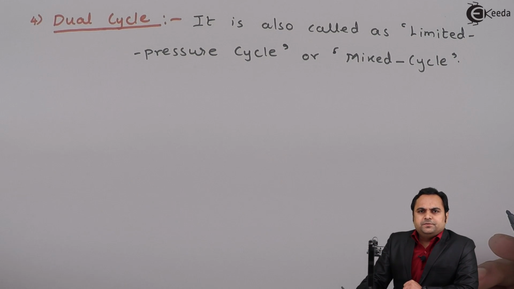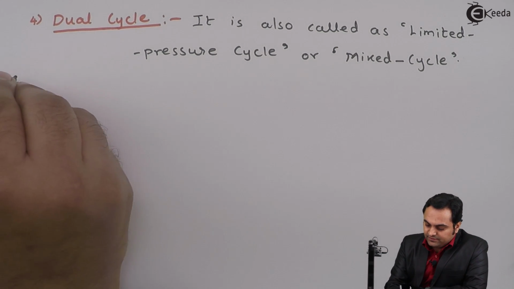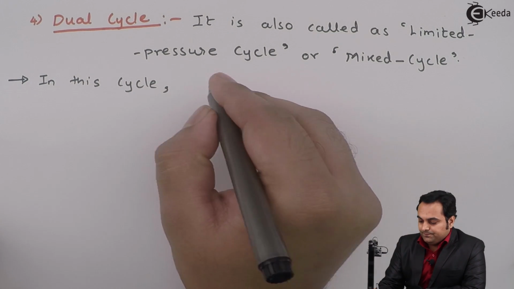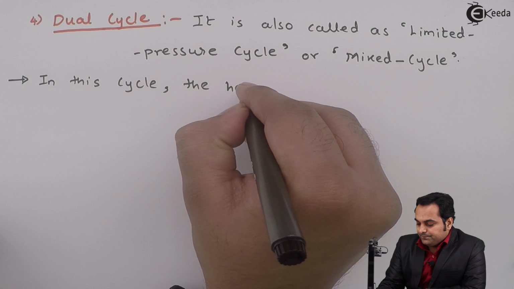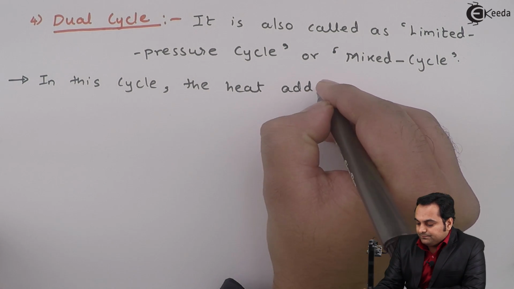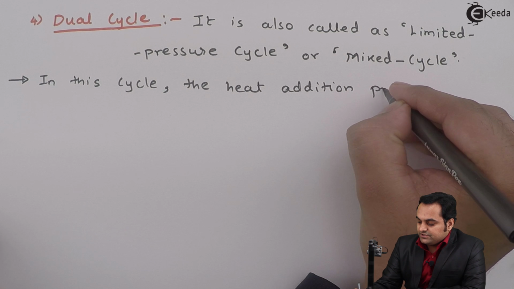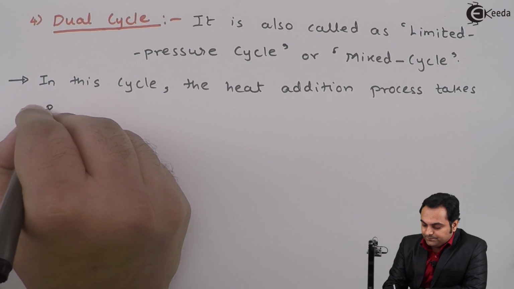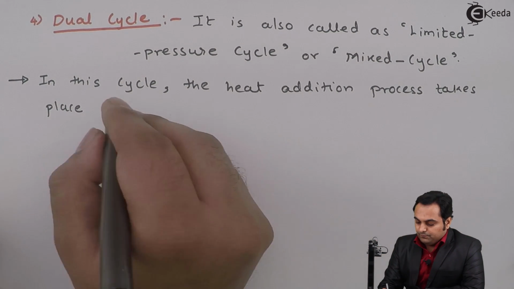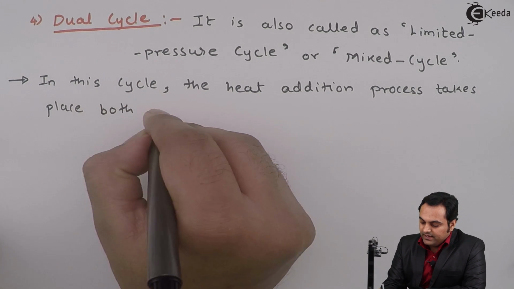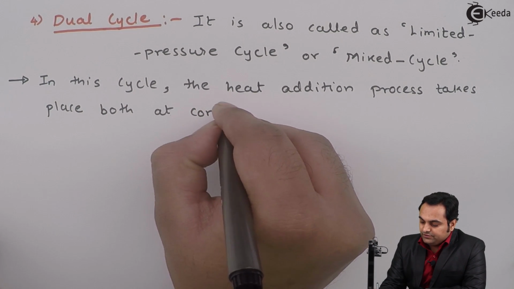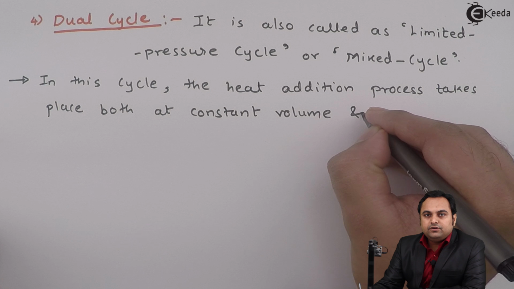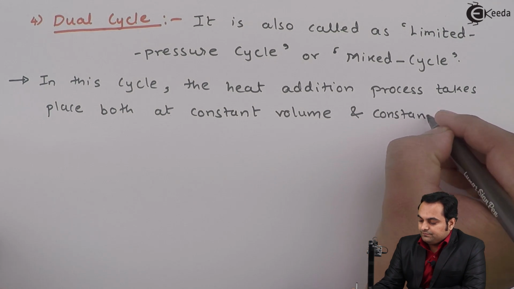Now why is it called a limited pressure cycle? Because in this cycle, the heat addition process takes place both at constant volume and constant pressure.